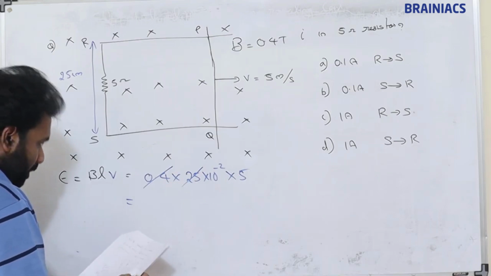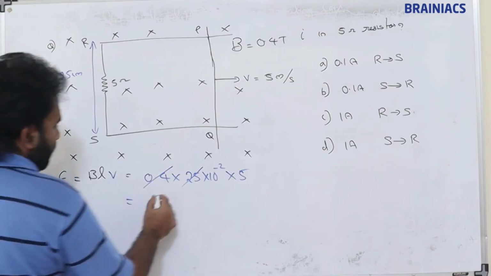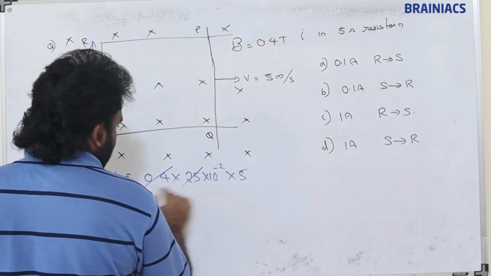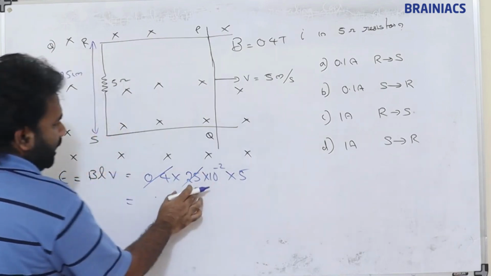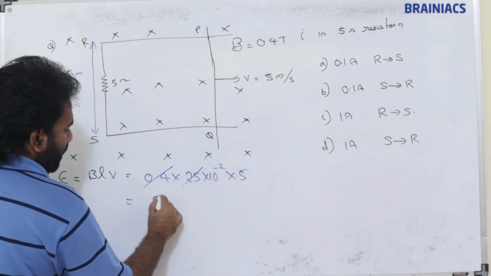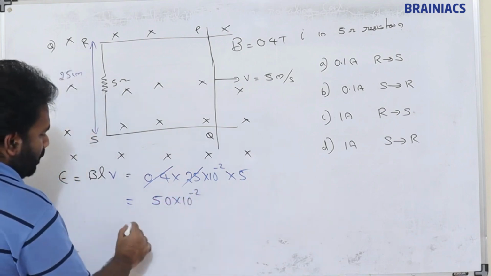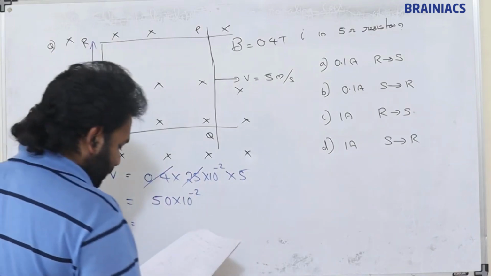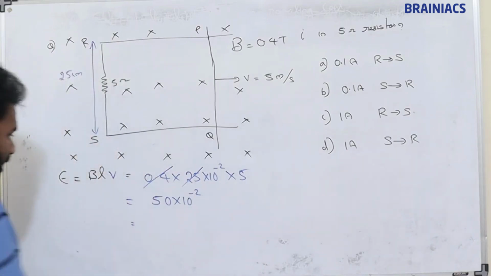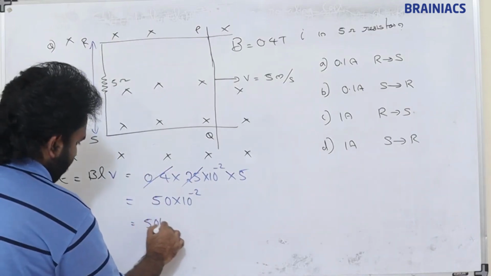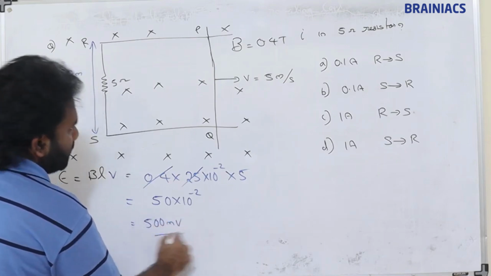So EMF we will get 50 into 10 raised to minus 2, or we could say 500 millivolt. This is also fine.